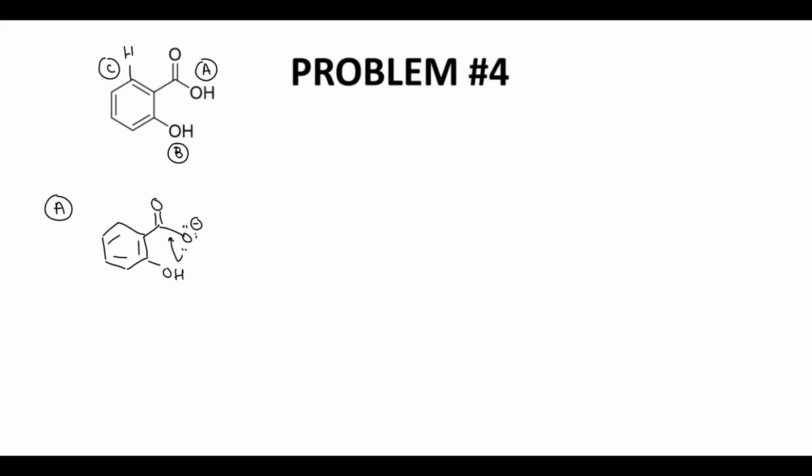This is going to have resonance. And, you know, carboxylic acids. There's a reason why they call them carboxylic acids. They're acidic. So that is a nice, stable anion, and we can draw a second good resonance form. So this is looking really good because of resonance.